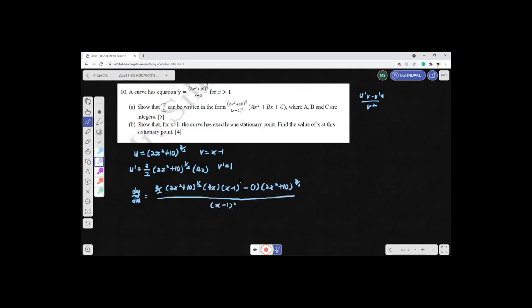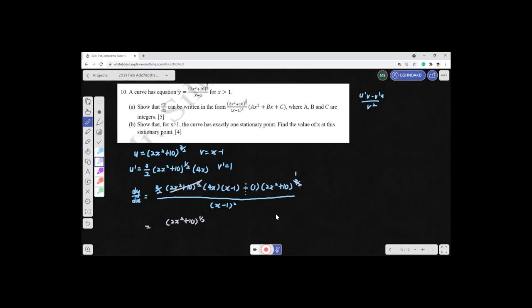So I have to factorize the thing that is the same, which I can see is (2x squared plus 10) to the power 1 over 2. I take the lowest power. So I cut this off, 3 over 2, take out 1 over 2, I will be left with 1.